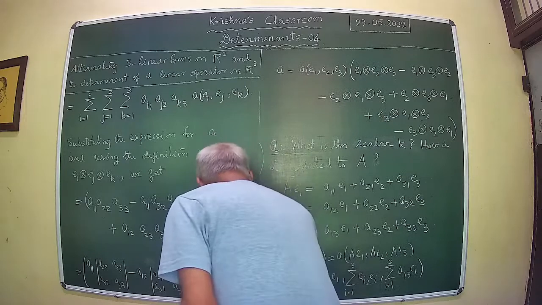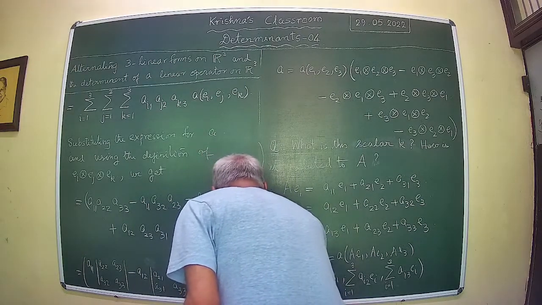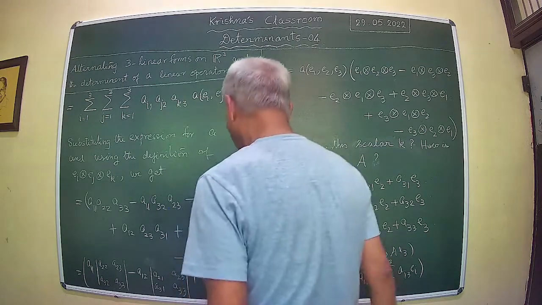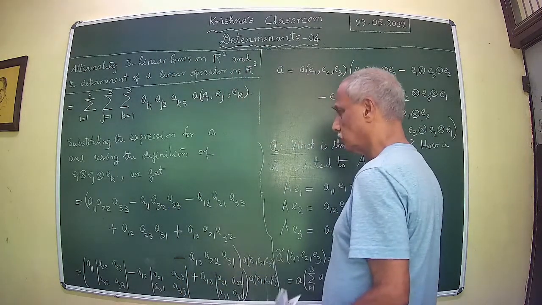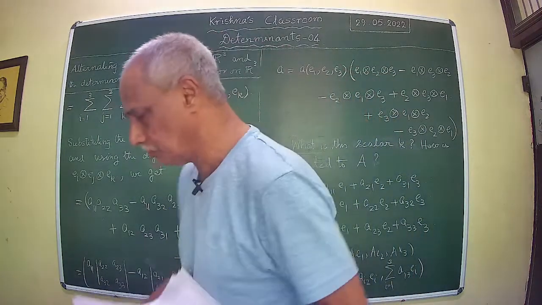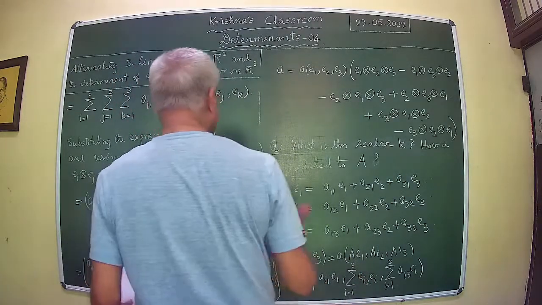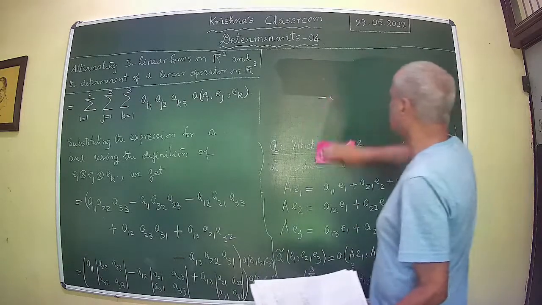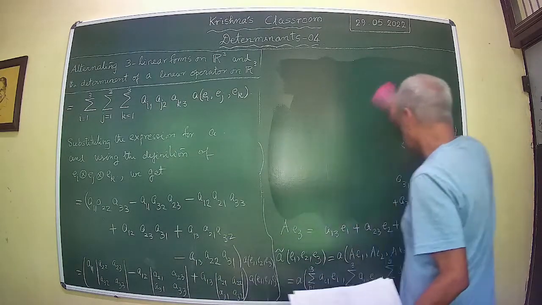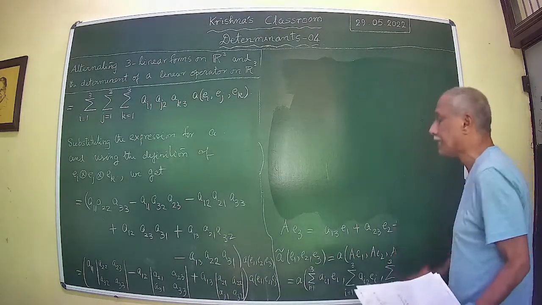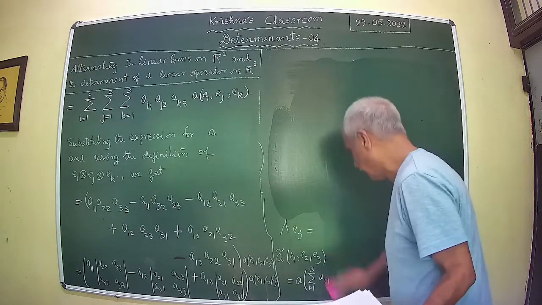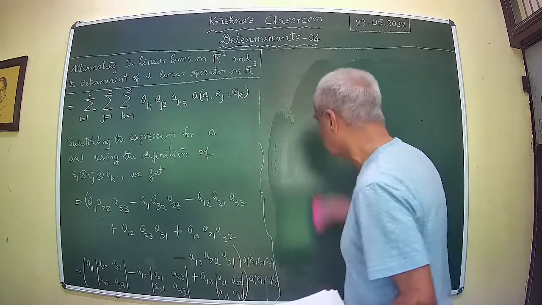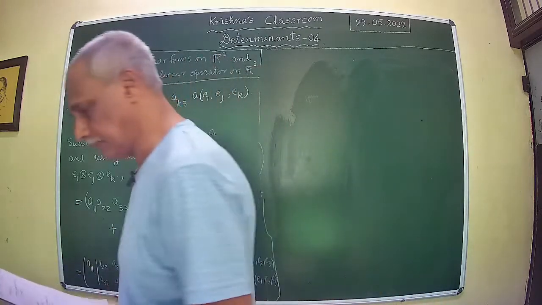This multiplied by, okay, and if you observe what exactly it is, this is equal to the determinant of A. You can check the entries there. There could be some slip. It's quite possible. I don't vouch for everything.